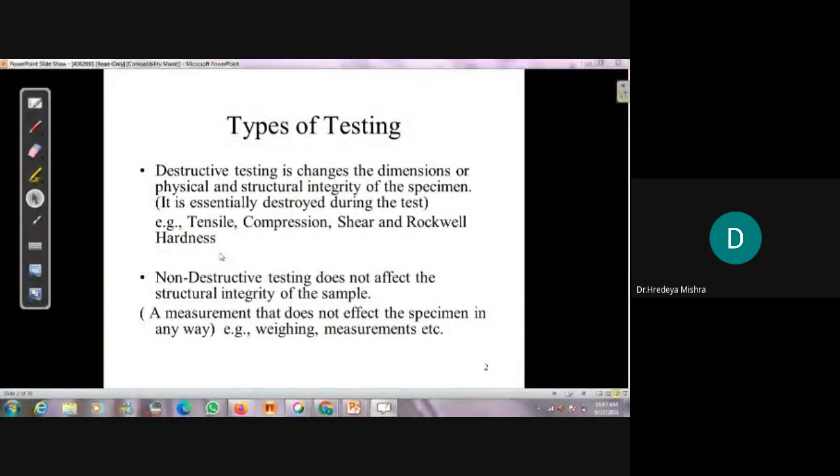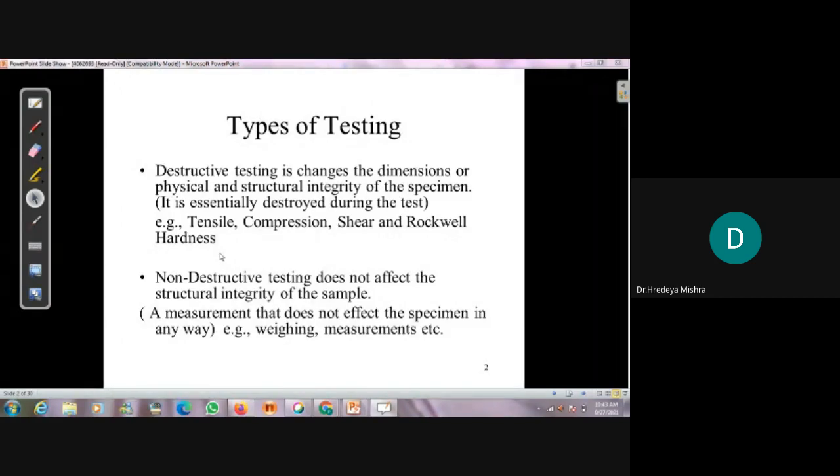And now we come to non-destructive testing, which does not affect the structural integrity, meaning we don't destroy the material. How are we going to check this? Like weighing, measurement, etc. What is the weight of the material, or what is the length and size of the material? This is also a type of test. In this test the material is not destroyed.